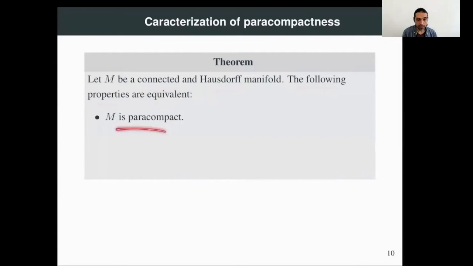The first one is that M is paracompact. The second one is that M has a countable base of open sets. It is interesting that this condition has already appeared. It has appeared in the hypothesis of Sard's theorem. So this is the second instance in which we have to consider a countable base of open sets.